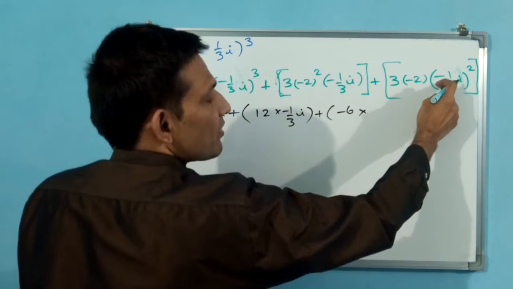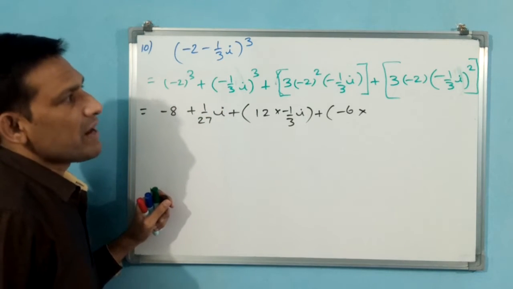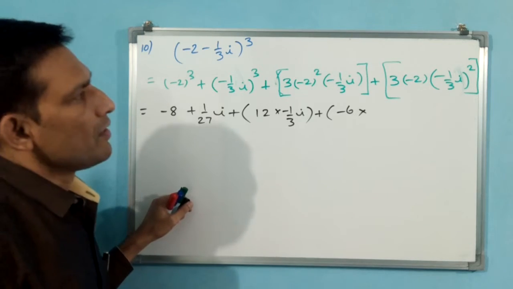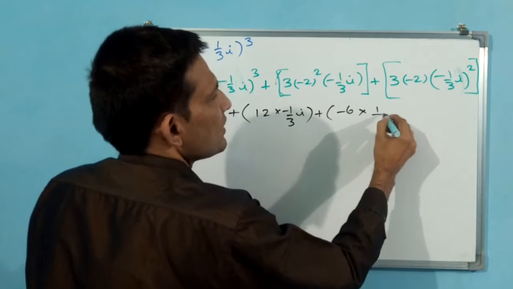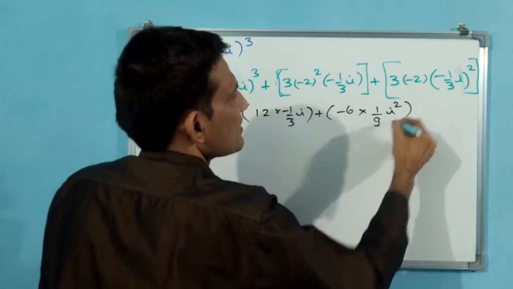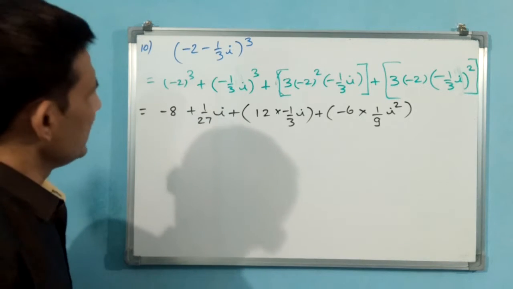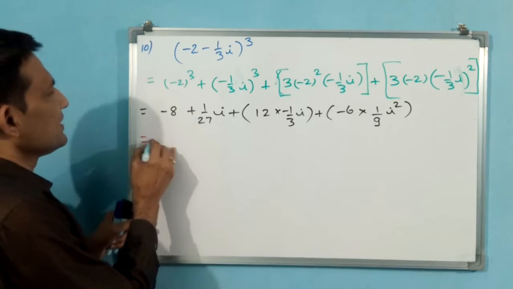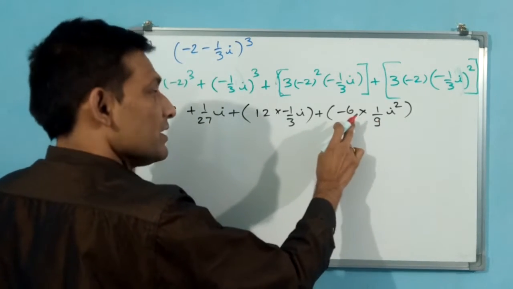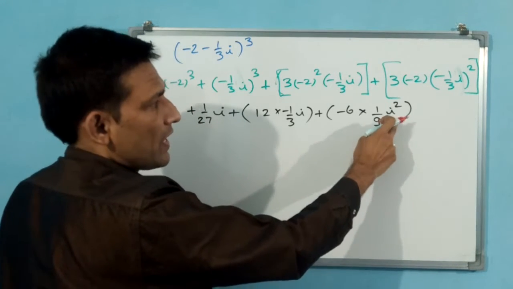Then minus 1 by 3 i square, which gives 1 by 9, but i square is minus 1. Let it be, we will see in the next step. I square is minus 1.